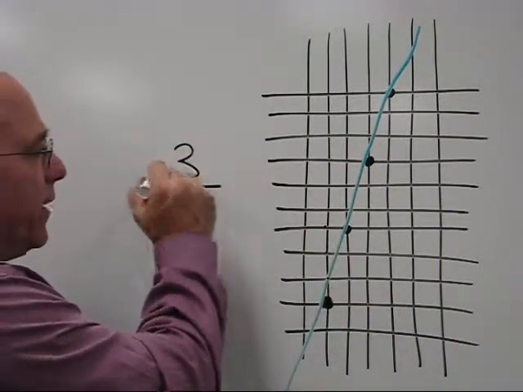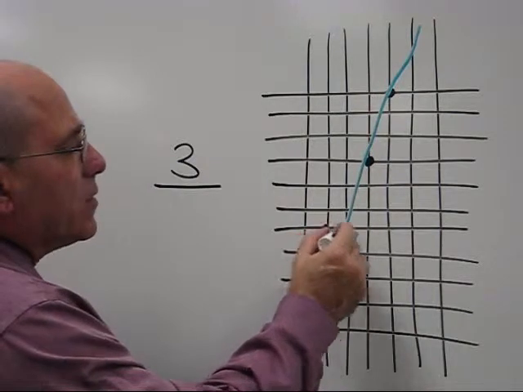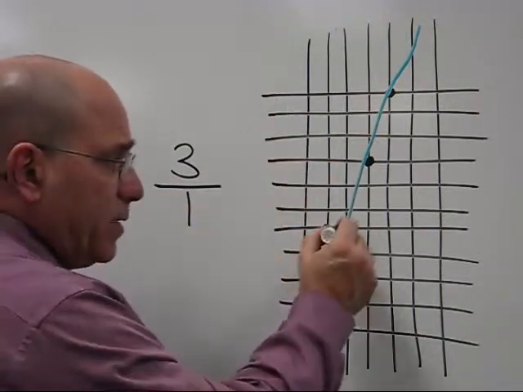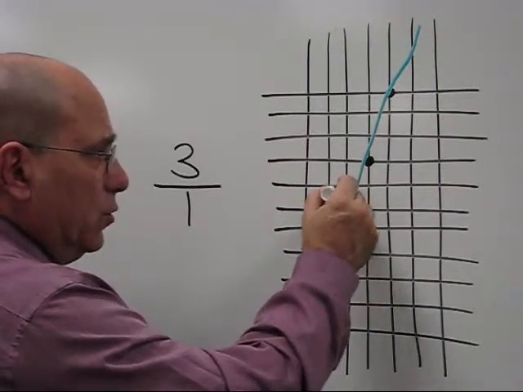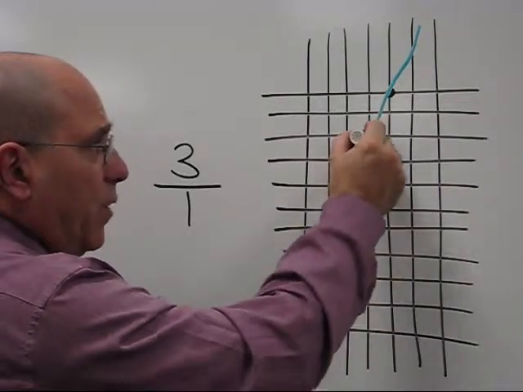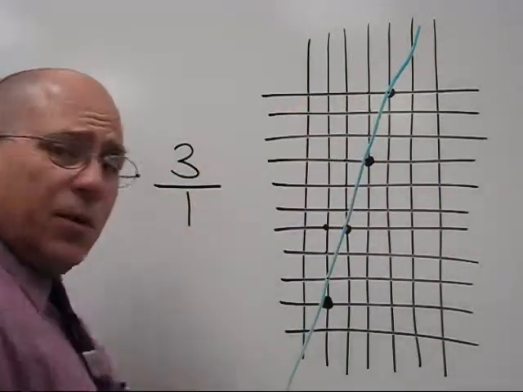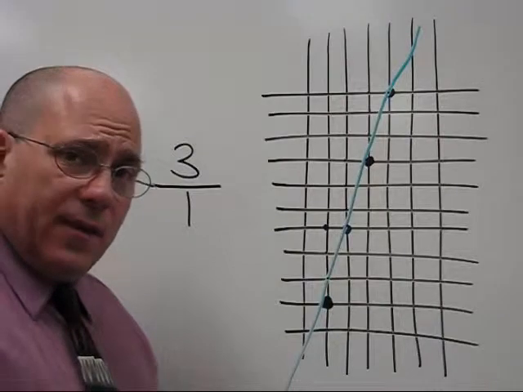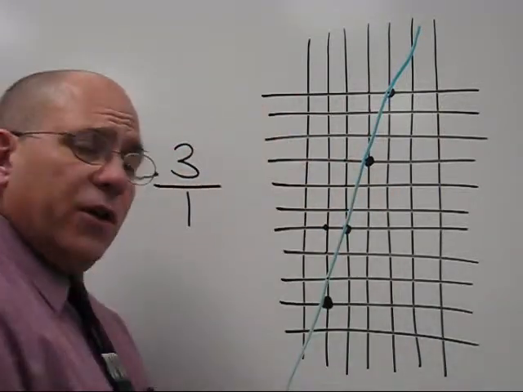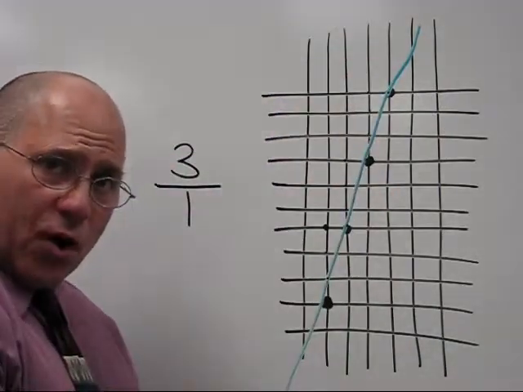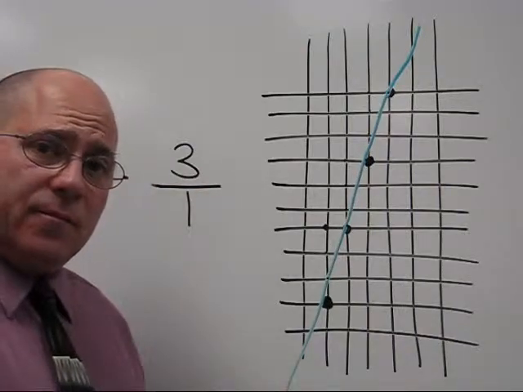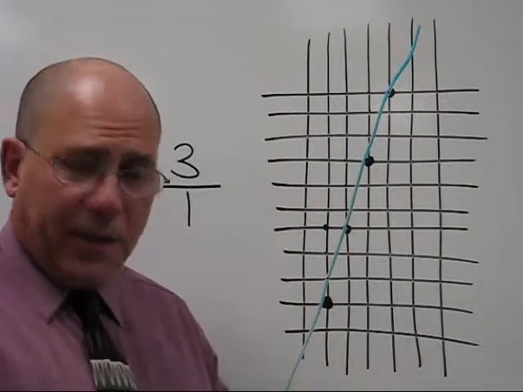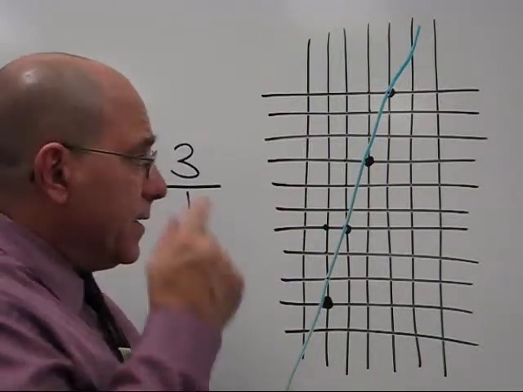So the rise is 3, and from there the run is 1. Now the rest of them we might go ahead and test. We might just double check 1, 2, 3, and 1, and 1, 2, 3, and 1, just to double check and see that they're correct. But that's basically it. They would see the figure already, the slope would be drawn, and they would have to just determine what the numerator and denominator need to be in order to express what they see.